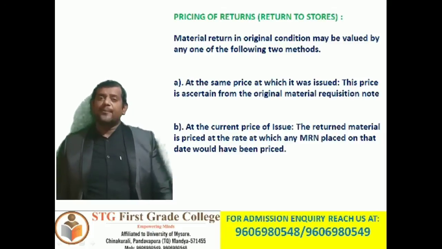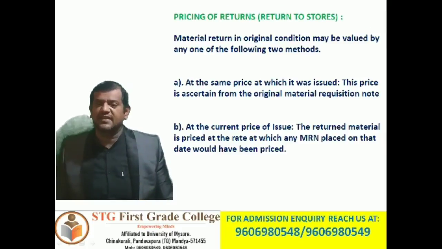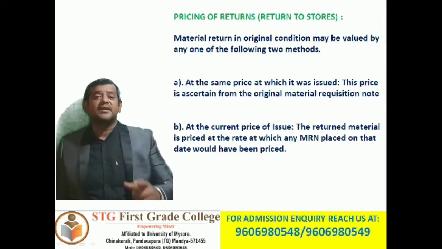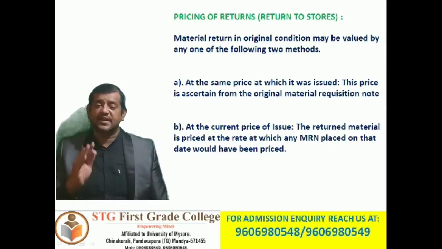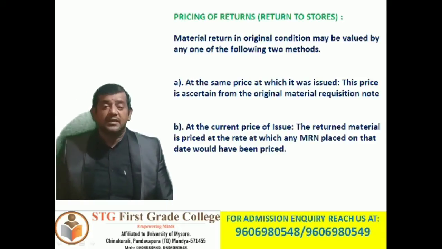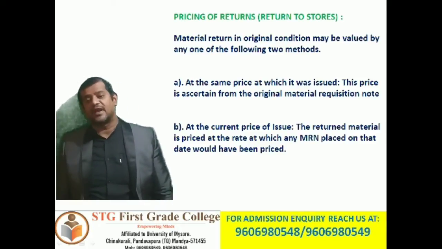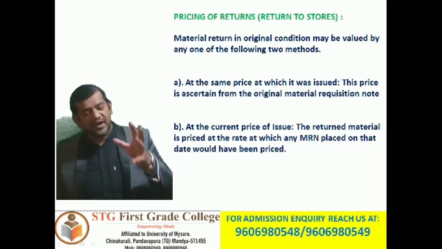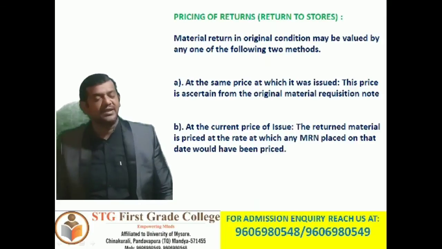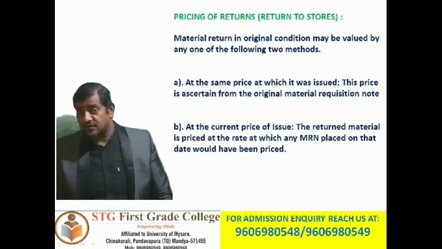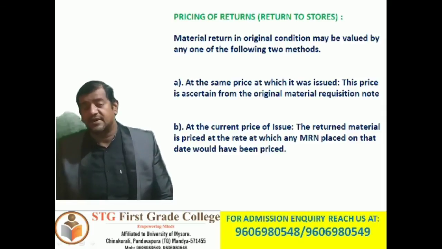Okay, point B clearly says: at the current price of issue, the returned material is priced at the rate at which any MRN placed on that date would have been priced. Very simple. If the MRN number is given, we quote the price of that particular note number or date.